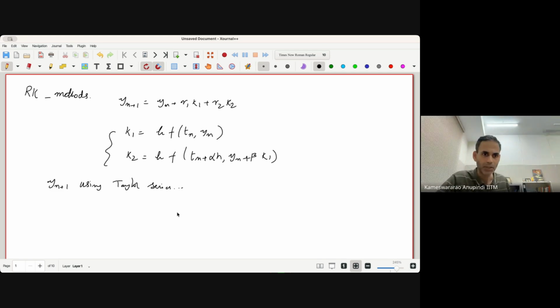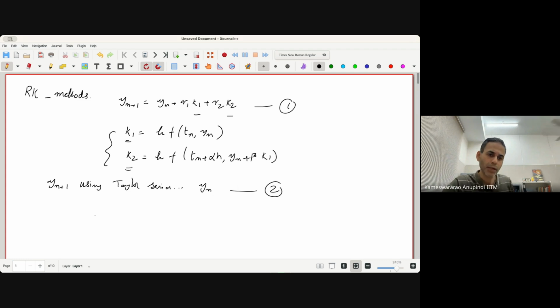Okay. Thank you. So we have written yn plus 1 in terms of yn using Taylor series expansion, and also expanded k2, substituted for k2 and k1 in this equation, and then compared the resulting equation with the Taylor series expression, right?